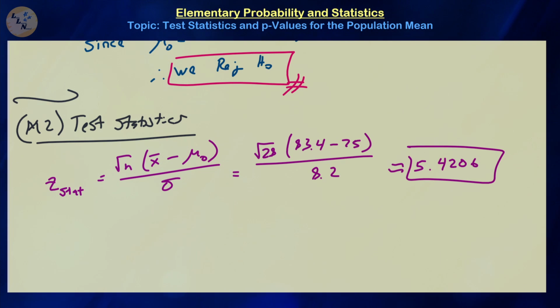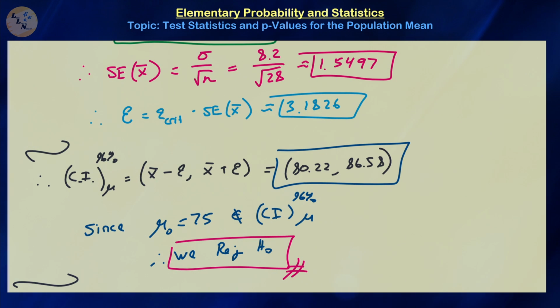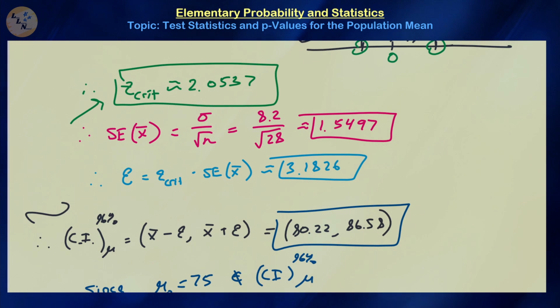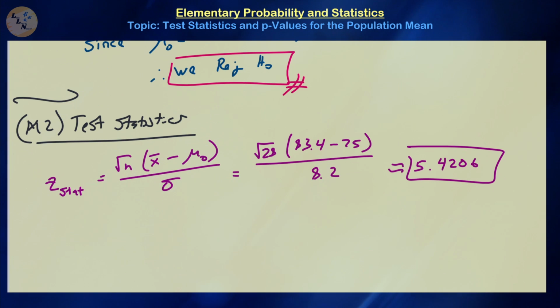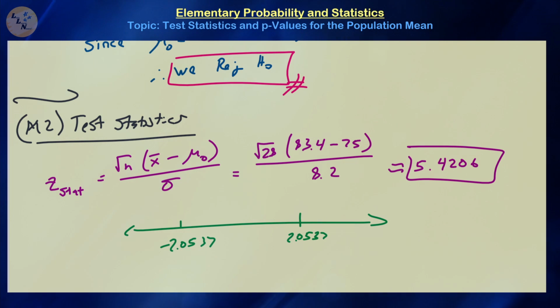Now we need to compare this to our critical values, which we already calculated. Where's our critical value? Oh, it's hanging out in green. So 2.0537. That's our cutoff value for our test statistic decision criteria.